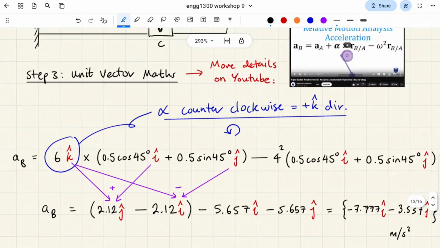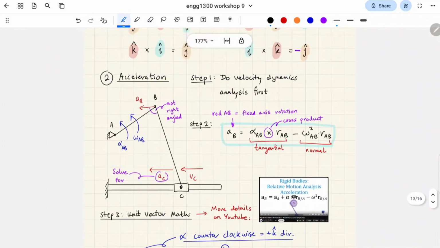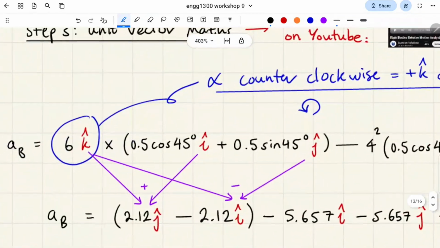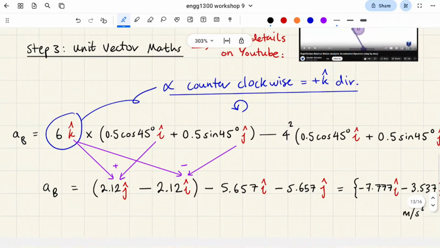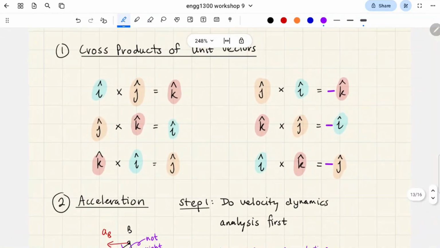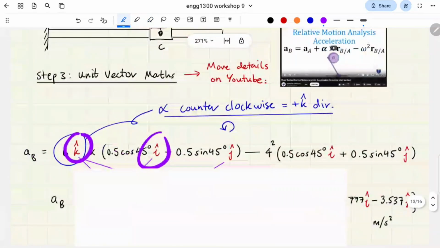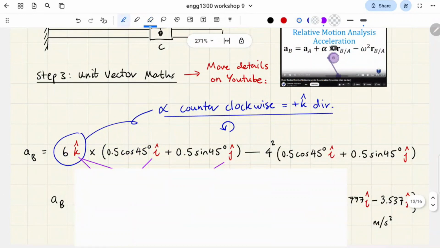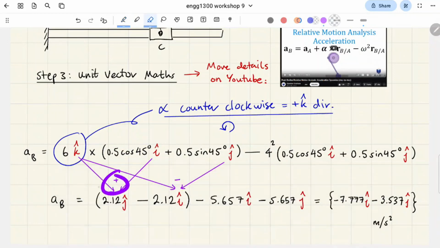Okay, here's the deal. Because this is counterclockwise, this is going to be a positive k. When you cross multiply positive k by positive i, let's go up to our table, that's this one, you get positive j. That's what I've labeled here.